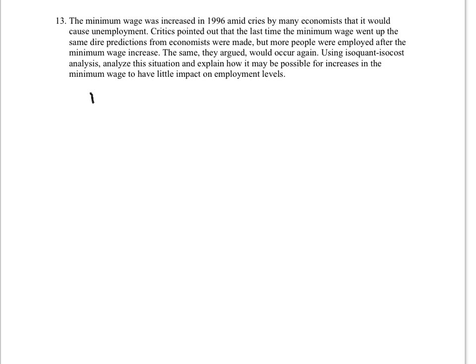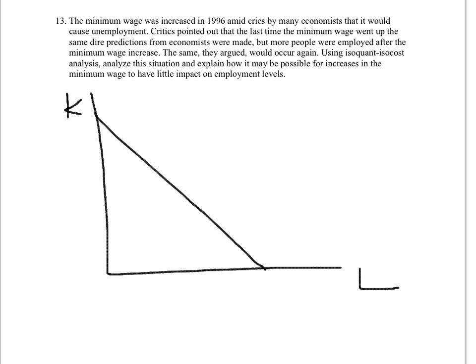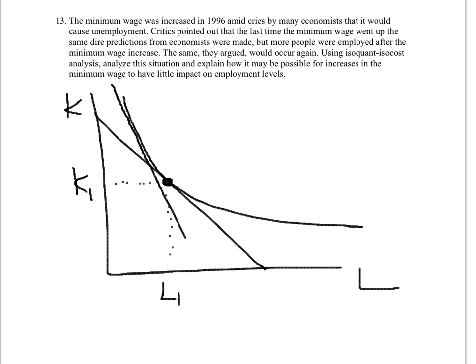All right, so this is L, this is K. The company produces here, originally using this L and this K. Now the cost of labor goes up. Now the company, if it decides to minimize costs, will produce using more capital and less labor.